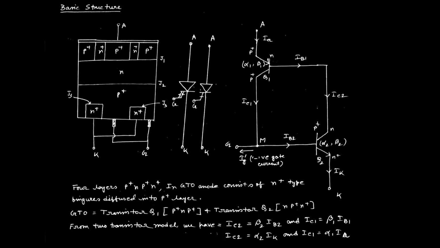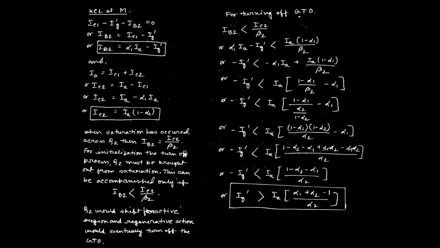Now, to describe the actual turn-off process using this two transistor model, let us apply KCL at the point of Q1. If we consider Q1 as a particular node, then we can write the expression from this diagram: IC1 plus I dash G minus IB2 equals 0.